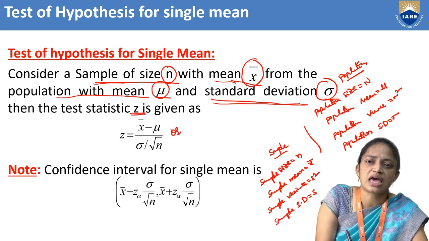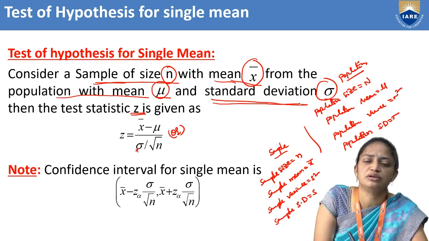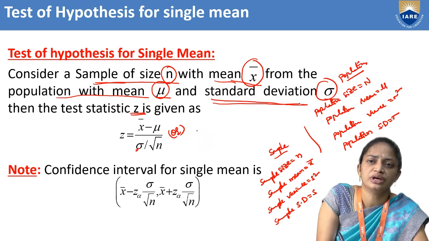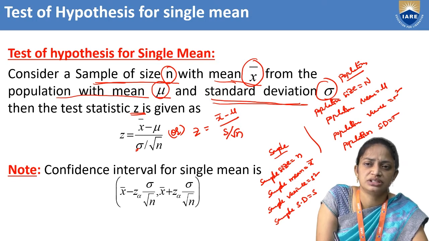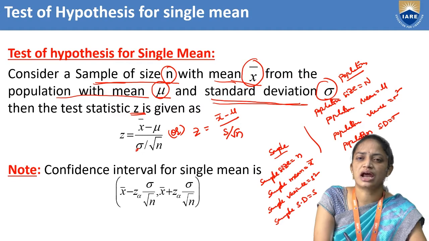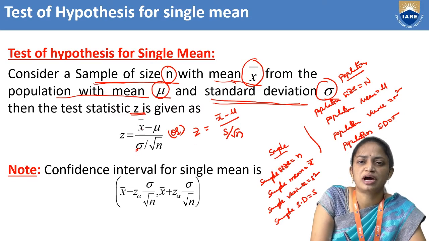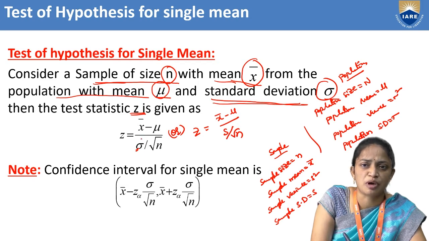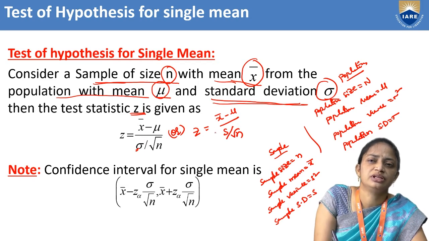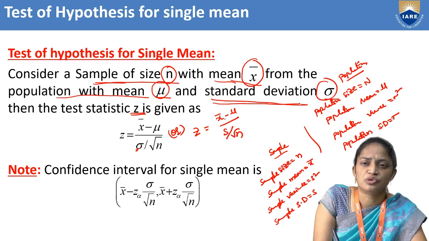If they give sample standard deviation instead of sigma, we need to write s, so z equal to x bar minus mu by s by root n. Otherwise, you can consider sample standard deviation equal to population standard deviation. Sometimes they will give population standard deviation, and sometimes sample standard deviation. Most of the cases they will give sample standard deviation only.